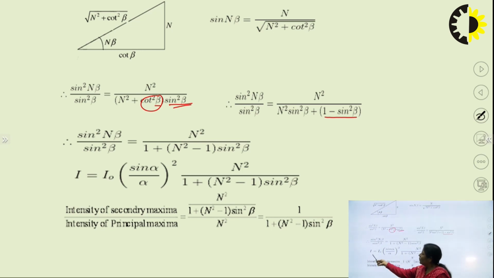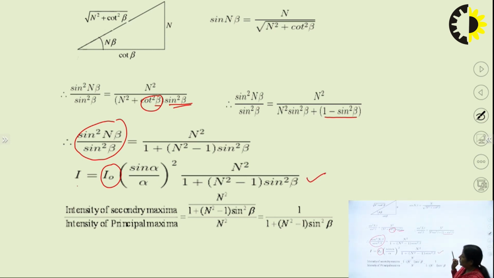When we put this value in the intensity, we get I, and here we had this a square. That a square in terms of intensity becomes I naught, and this is sin alpha by alpha square, and this part is coming from sin square n beta by sin square beta. So this expression we get for the intensity.